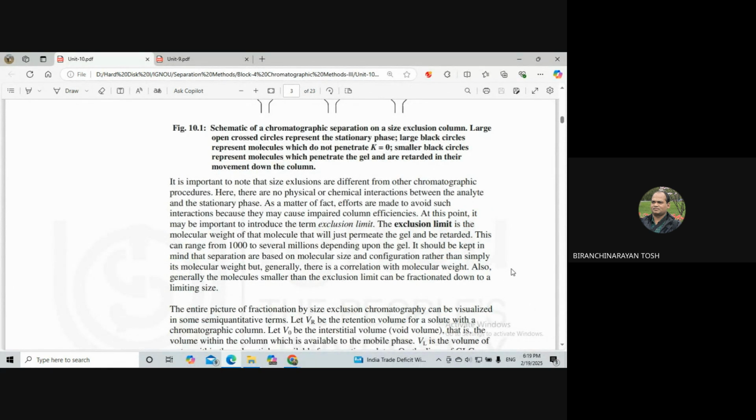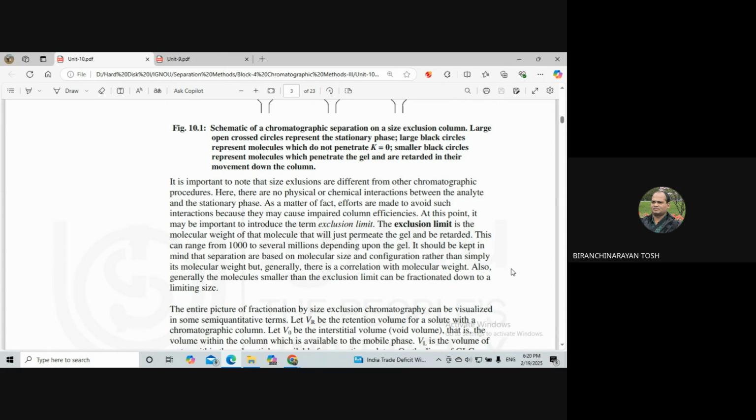It should be kept in mind that separations are based on molecular size and configuration rather than simply molecular weight. But generally, there is a correlation with the molecular weight. Also, generally, the molecules smaller than the exclusion limit can be fractionated down to a limiting size.